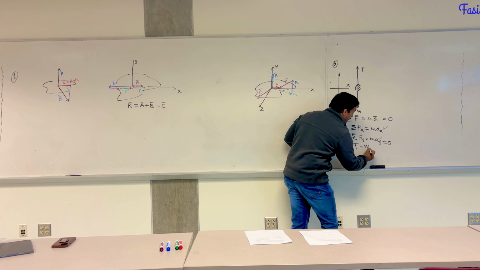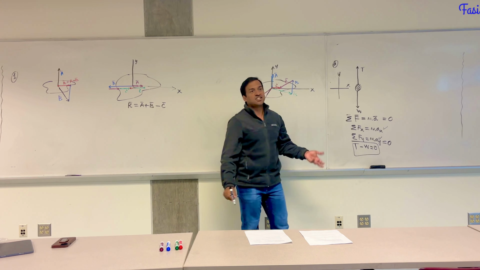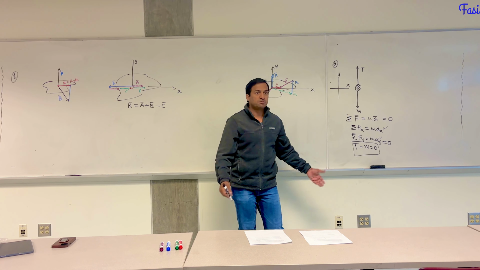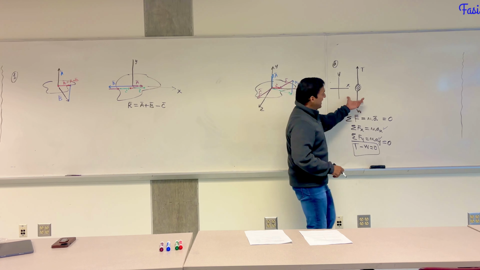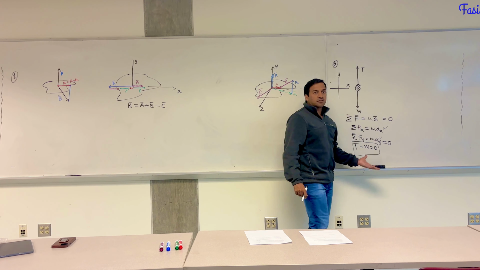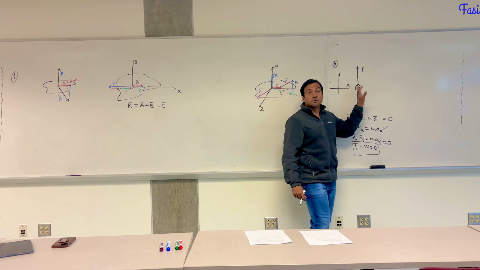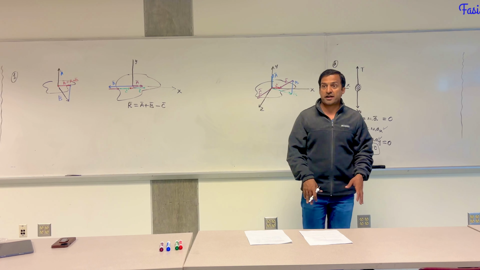This is our resultant equation. It tells you that tension is equal to weight. That's what it means to be lowered at constant speed. If we just let it go, it's going to accelerate downward. The entire purpose of this cable is to lower this crate at a constant speed so that it doesn't fall down and break.